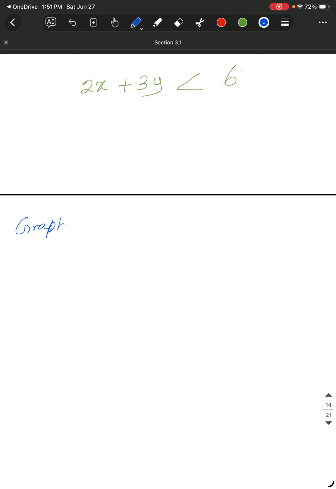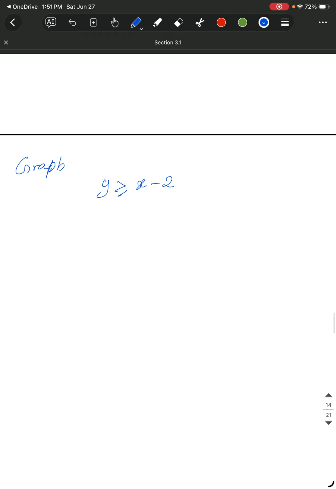Graph y greater than or equal to x minus 2. Step 1, boundary line. In the boundary line, the inequality must be replaced by the equality sign: y equals x minus 2.